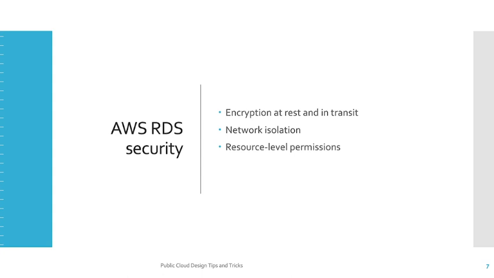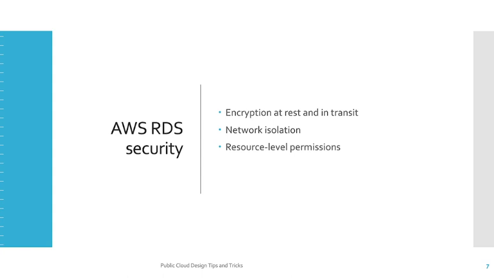Network isolation means you can keep your database inside your VPC, where you can control the network access to your database by enabling network security groups in your virtual private cloud. And then the last one, resource level permission.